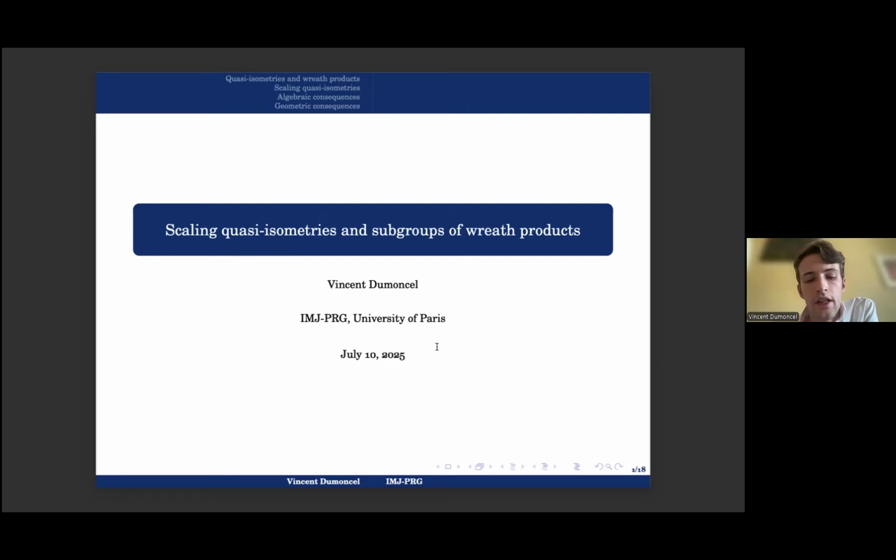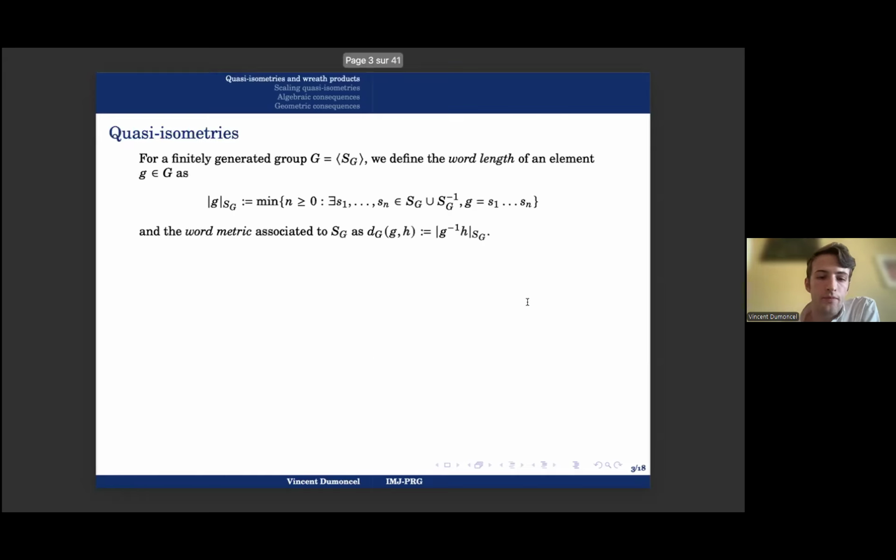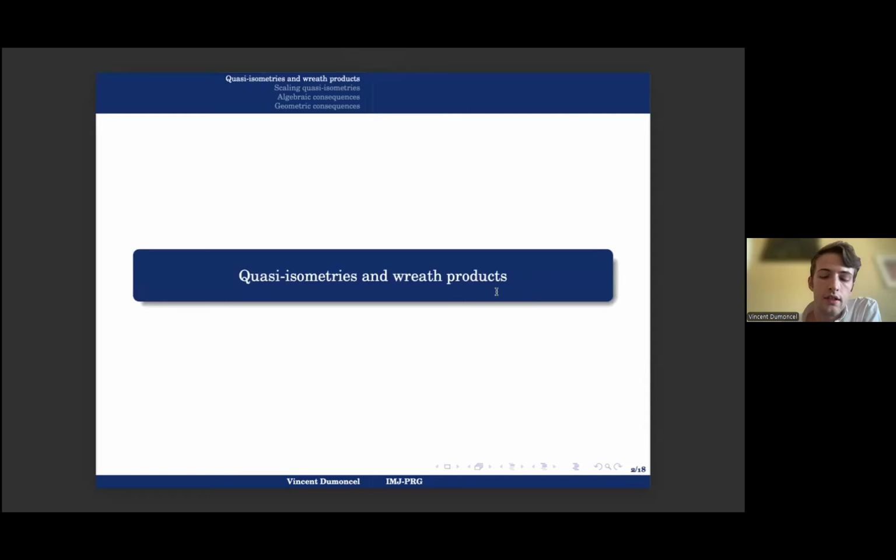And briefly, I would like to show you how this geometric object can be used to derive some very nice and elementary statements in group theory, completely algebraic statements from completely geometric tools. Okay. So the two objects we will deal with today are quasi-isometries and wreath products.